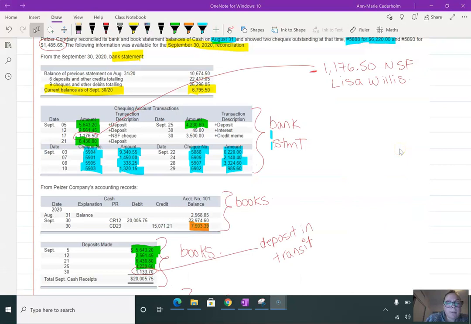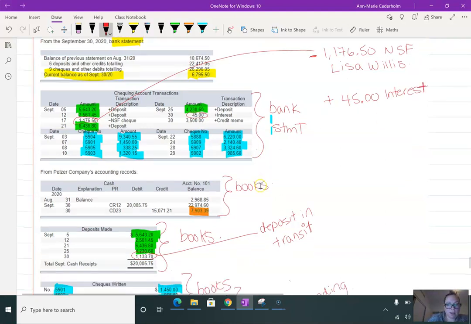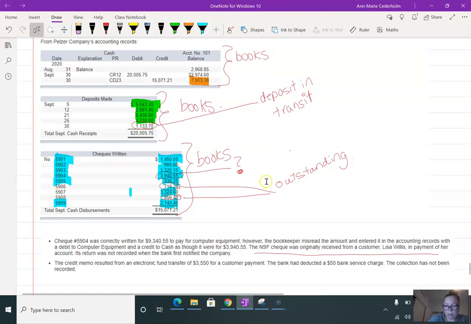The next item that I have not recorded is interest, this 45. So that's $45 coming into my bank account. So I'm going to have to put that on my book balance. So 45 interest. And let's see if it says anything about that interest down here.